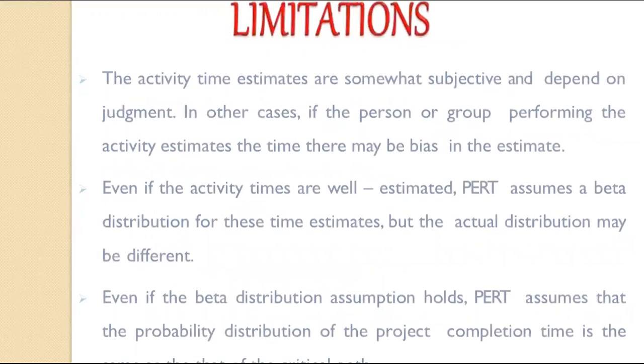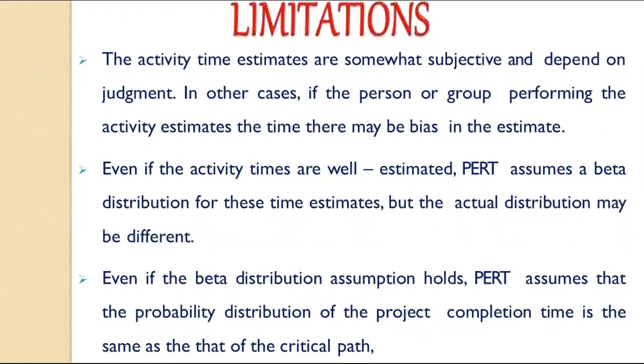These limitations include the activity time estimates, which are somewhat subjective and depend on judgment. In other cases, if the person or group performing the activity estimates the time, there may be a bias in the estimate.